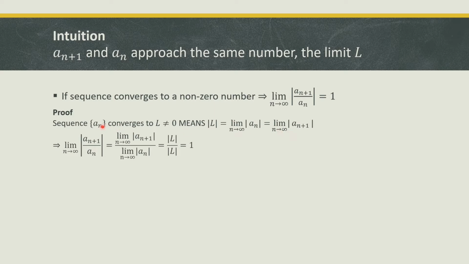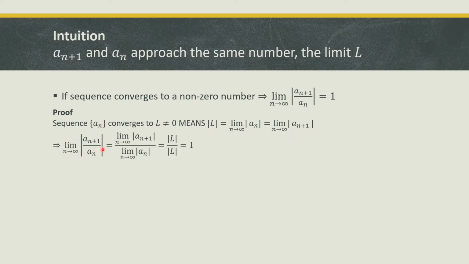So that's what we mean by something that converges to L. It will have a limit L. So a sub n will have a limit L. A sub n plus 1 will also have a limit L. That's what it means to converge to L, right?